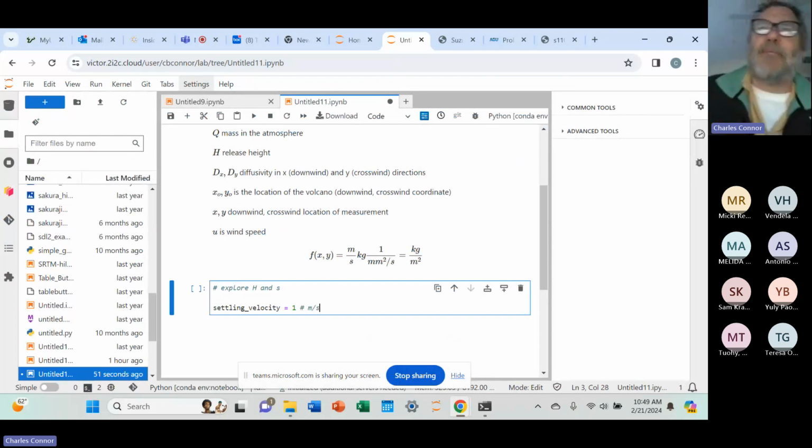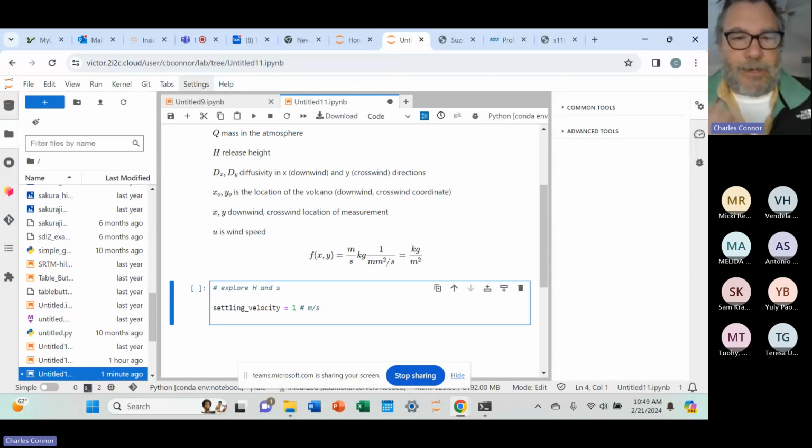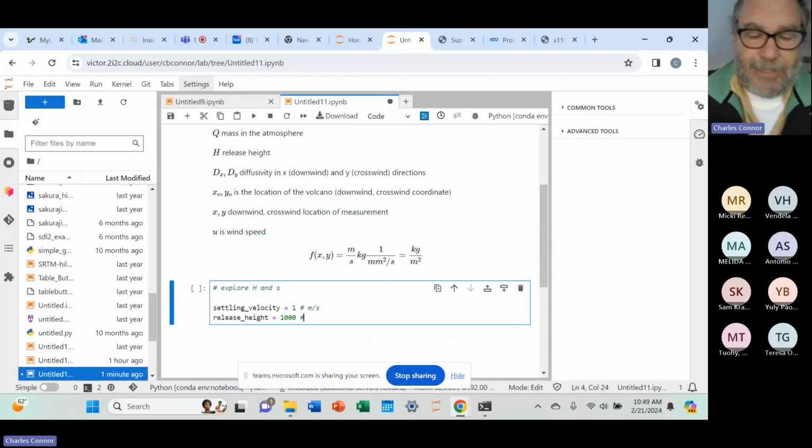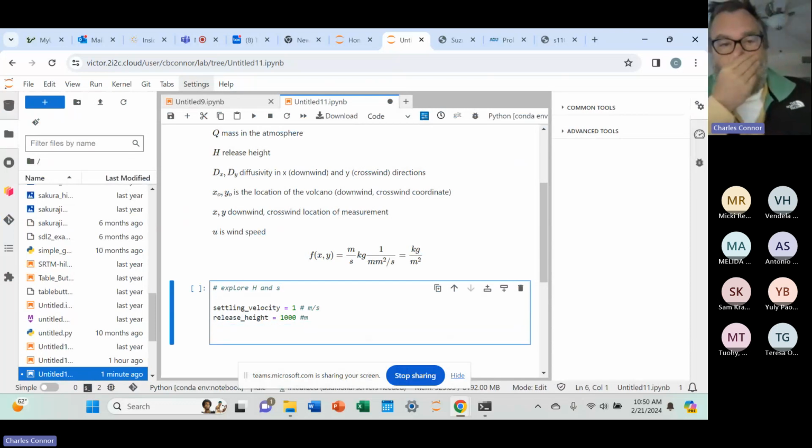I used to know this rule better than I know it now. I think it's something like a millimeter sized particle. Maybe I've got that wrong. Sorry if I do. Maybe 2 millimeters or something. I don't keep that stuff in my head very well anymore. And then the release height, let's say it's just a kilometer in the air. So the particle is advected into the air 1 kilometer.